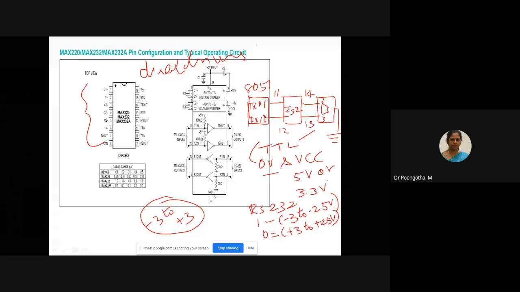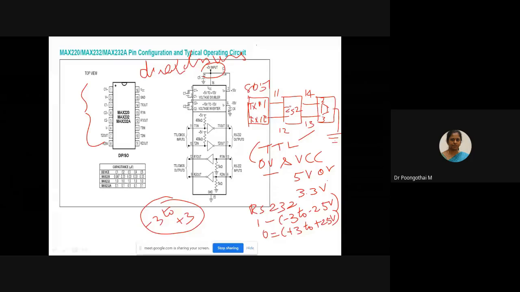This means that with a single plus 5 voltage power supply, we can power up both the 8051 and the MAX232. It is an important feature of this IC. So there is no need of a dual power supply, and no need of a separate power supply for the 8051 and the MAX232. A single power supply is sufficient.